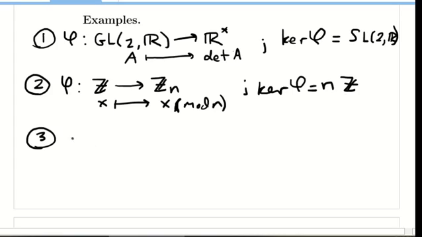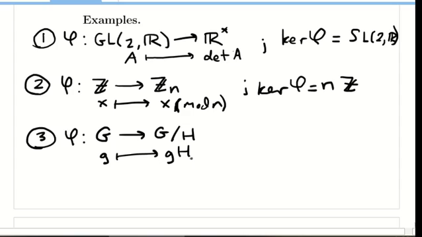But this, in general, is called the canonical mapping from a group onto a group modulo some normal subgroup, where we take g and send it to its coset element in the factor group, where H is normal in G, right?